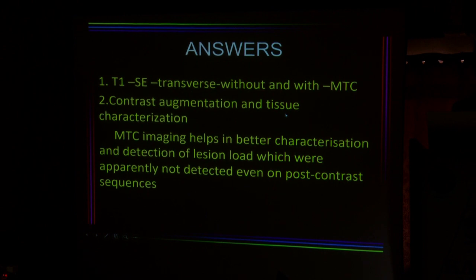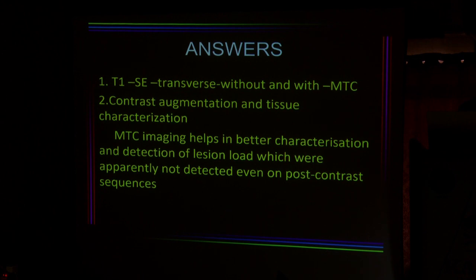So basically it is a T1 weighted sequence where you use a TR of about 1000 in a 1.5 Tesla MR, and it provides more contrast augmentation and tissue characterization. So it enhances the lesion load depiction in multiple sclerosis. And even post-contrast, it's helpful in certain conditions, especially in metastasis.